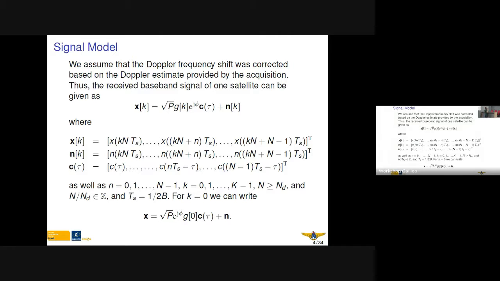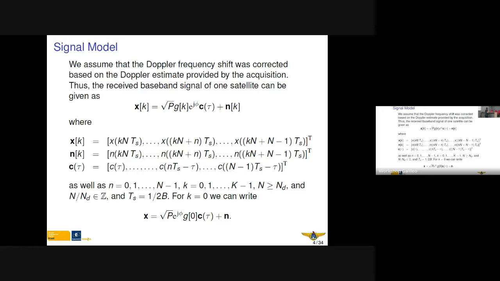We assume again that n is from 0 to N minus 1. k is an index from 0 to K minus 1. Again, we assume that we have more samples per chip, 2, 3, 4. And we assume that the number of samples per chip is an integer number.